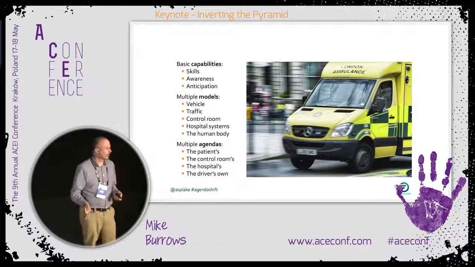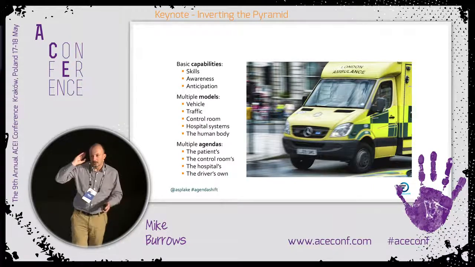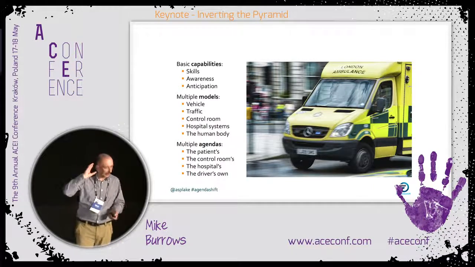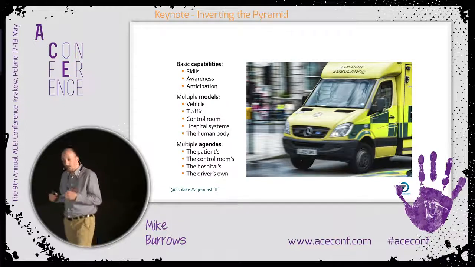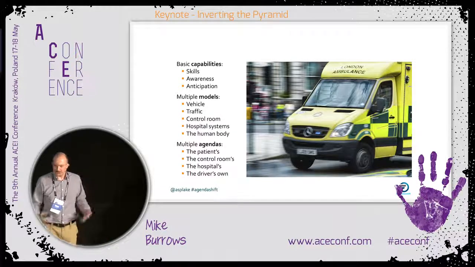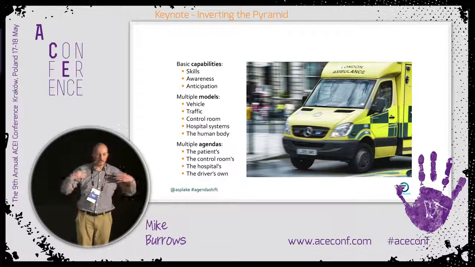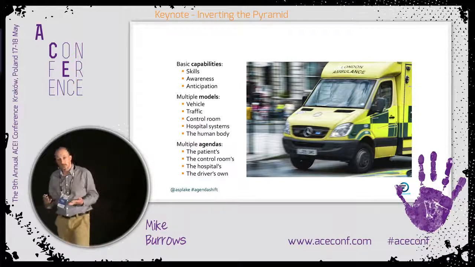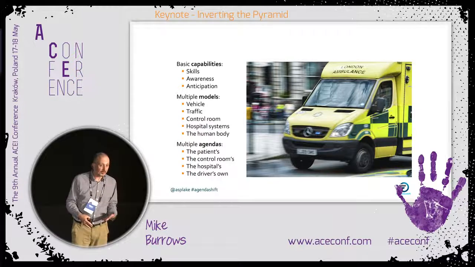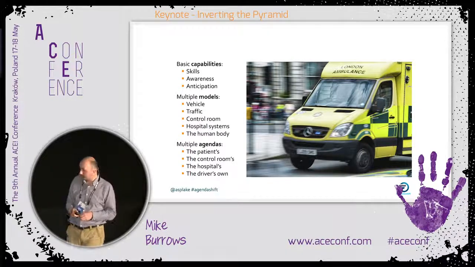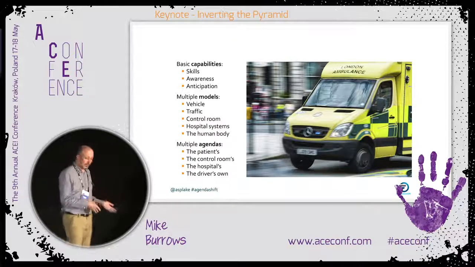He knows when he should phone ahead to warn the hospital that we've got a difficult case coming in. He's also a medical professional. He understands the human body. So that's a whole new set of models that he has to learn, mainly through education, but also through practical experience as well.